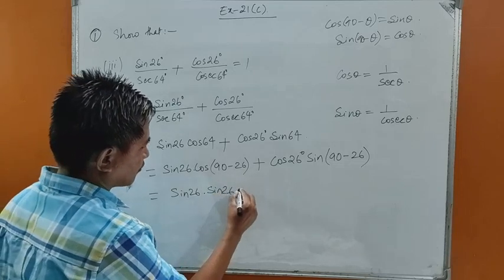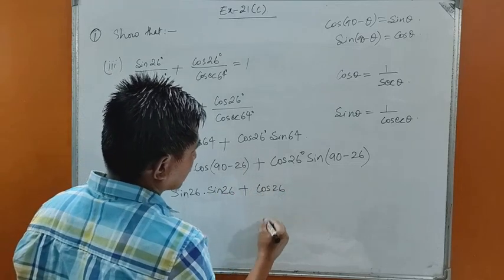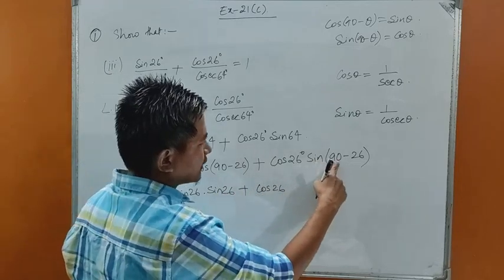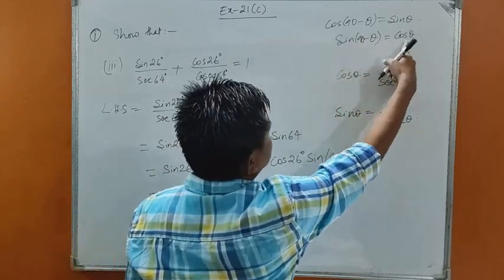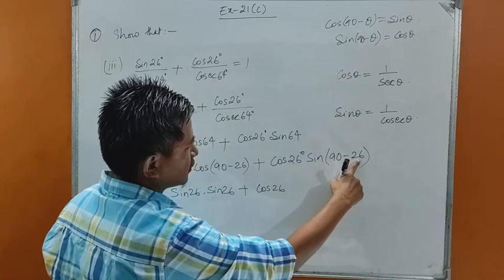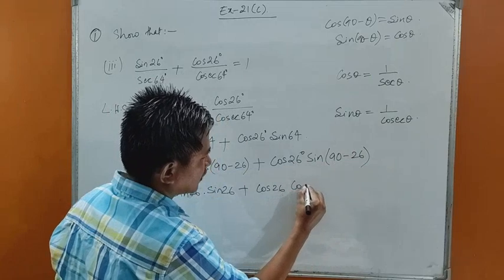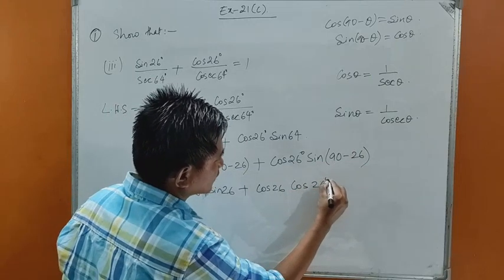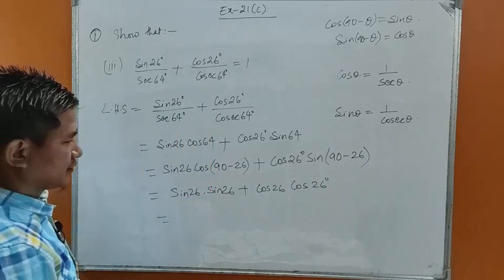Plus cos 26, we already have cos 26. And sin 90 minus theta is cos theta. Theta is this, so here theta we have this 26. So cos theta is cos 26. Theta means actually angle, okay?